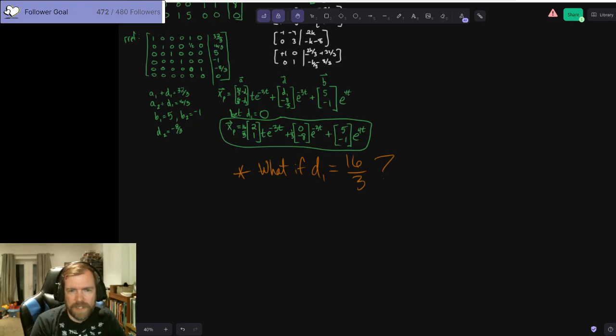I think the key there is to ensure that this eigenvector is 2, 1. No, well, it's always going to be that. Or is it? Wait, hang on. No, because we're subtracting. So if we subtract the same amount, we should be changing stuff.